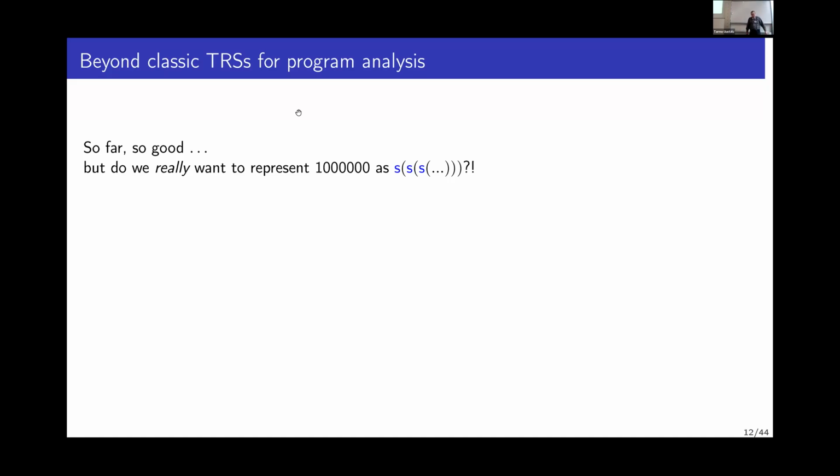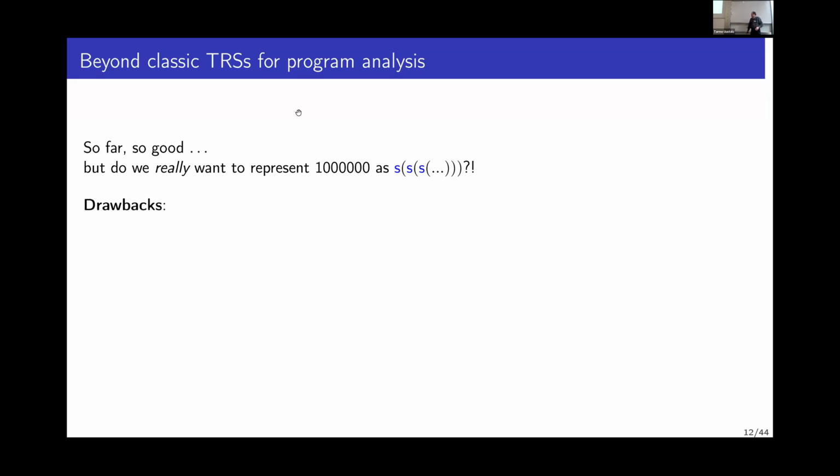But then problems came up, from the more banal, like the programmer wrote 1 million in their program, and the program analysis tool ran out of memory when it tried to represent 1 million by a corresponding number of objects. So s of s of s of, and so on.